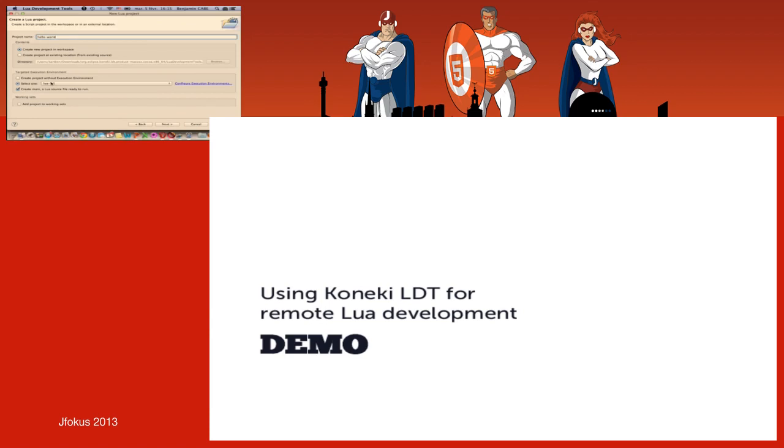I'm going to reference the set of APIs I'm developing against. Just like when you create a new Java project for doing Java SE 1.5, you will want to have access to a certain set of APIs when you want to trigger the content assist. That's the same here. I want to develop against the Lua 5.1 virtual machine. I want to have access to all the APIs of Lua 5.1.